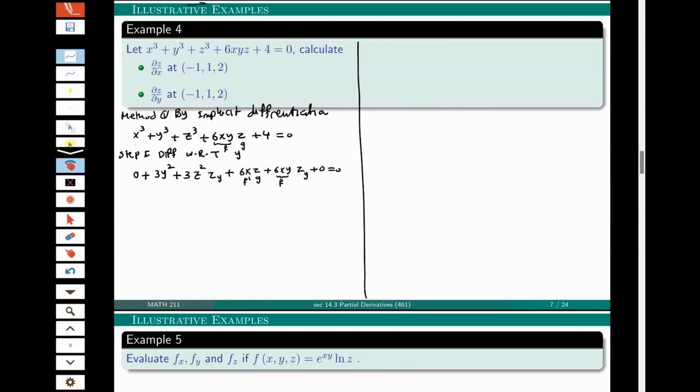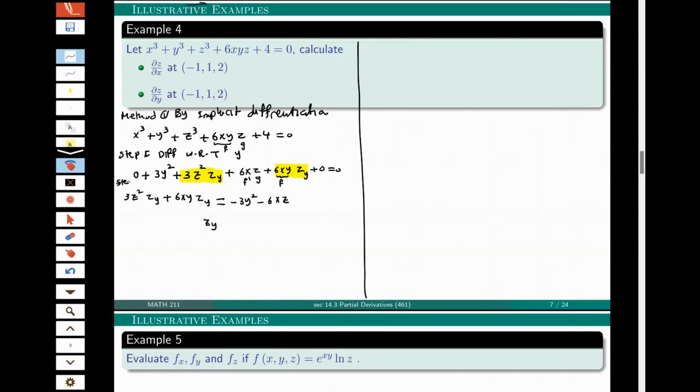Now, we solve for z sub y, which means we keep it on one side and the others on the other side. So I will have 3z squared z sub y plus 6xy z sub y on one side. The other side will be minus 3y squared minus 6xz.